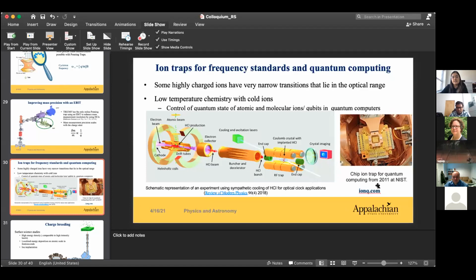But basically, this is very ongoing research where they're trying to trap multiple ions to be able to use multiple bits in the quantum computers. And just like the regular bits, 0 and 1, in your regular computers, the difference now is that there are going to be different quantum states, and the superposition of these quantum states will give access to not just 2 bits, 0 and 1, but a superposition of these bits, making the computational speed quite fast.